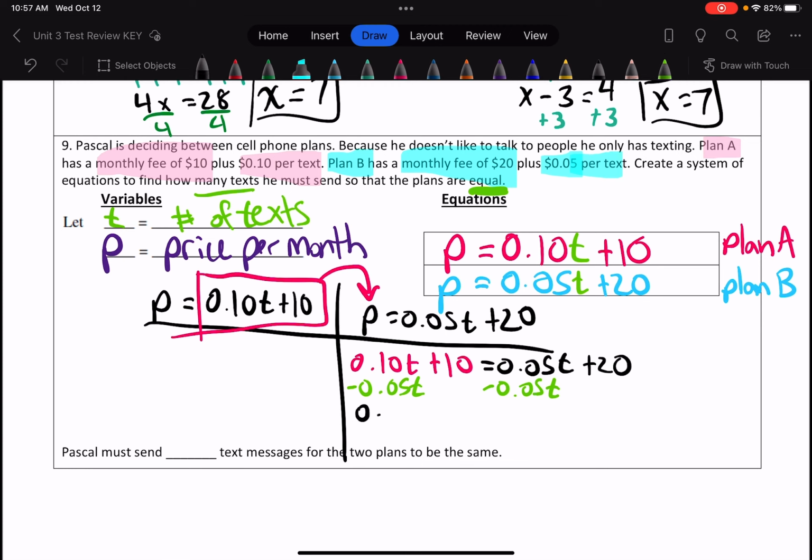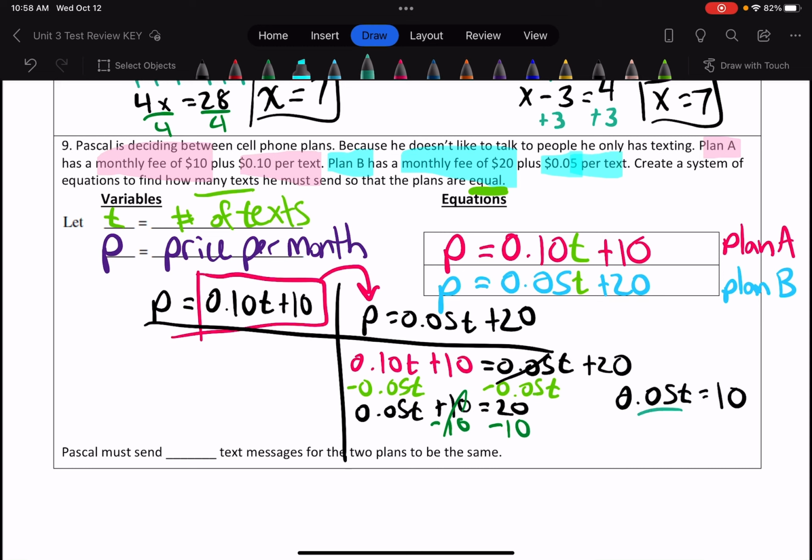That's going to leave me with 0.05t plus 10 is equal to 20 because I then eliminated it on the right-hand side. I can now subtract a 10 on both sides. That's going to leave me with 0.05t is equal to 10.